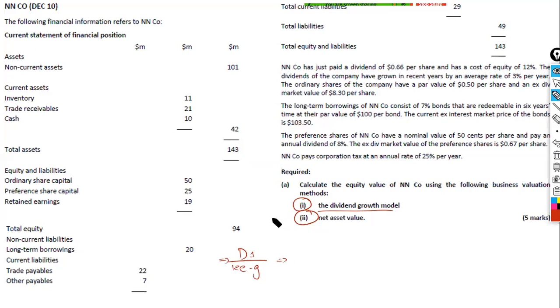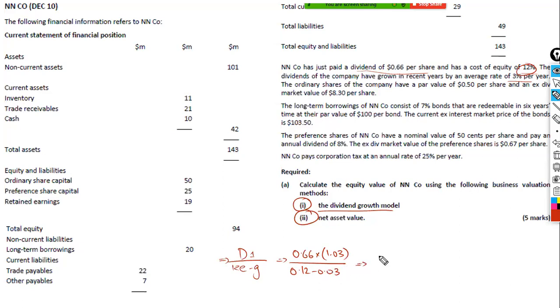D1 is the current dividend. The company had just paid a dividend of 0.66 per share, times 1 plus G. It has a cost of equity of 12% and the dividends of the company have grown recently by an average of 3% per year. So 0.66 times 1.03 divided by cost of equity 0.12 minus 0.03.